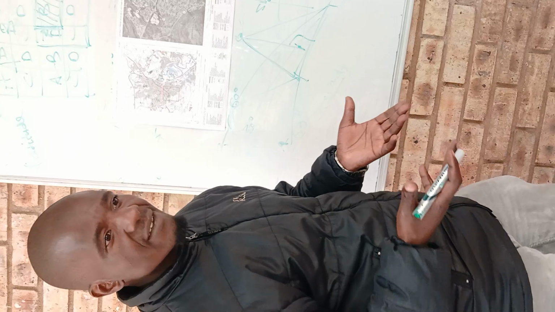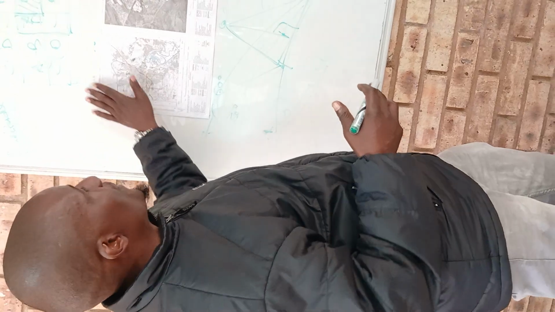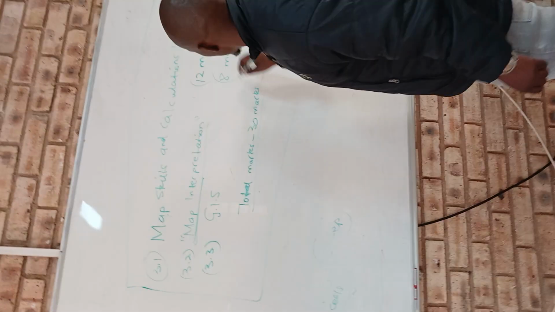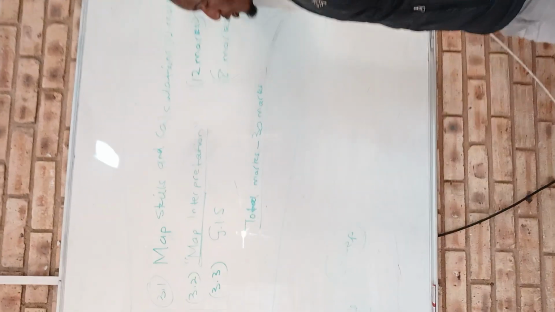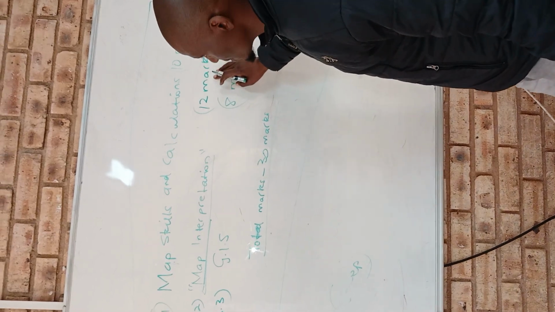What is the contour interval? Is it a large scale or a small scale map? So that's all about map interpretation. Please remember, if you are able to do your map interpretation, already you will have your 12 marks. I'm talking about 12 out of 30. Already you have got 12 marks, so it's easy.